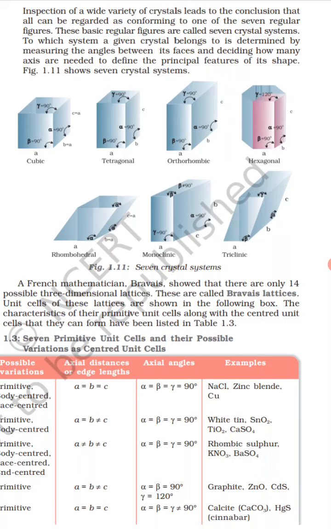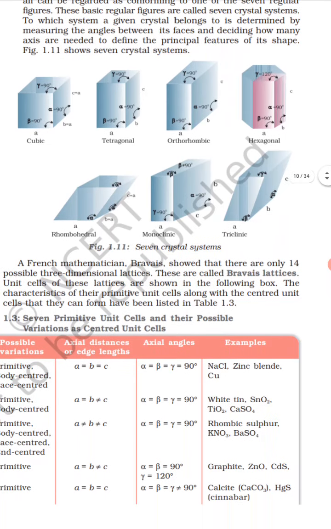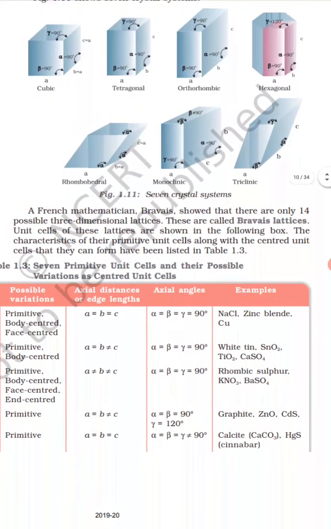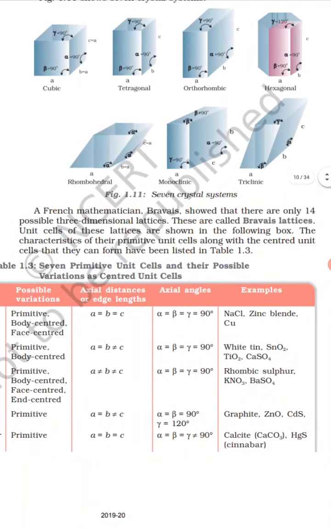These crystal systems are determined by the angles between the faces and their adjoints. The 7 crystal systems are cubic, tetragonal, orthorhombic, hexagonal, rhombohedral, monoclinic, and triclinic.